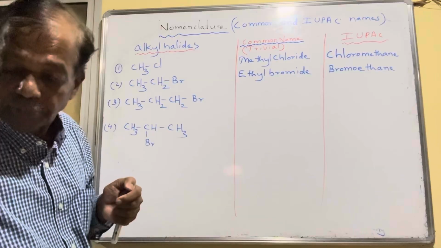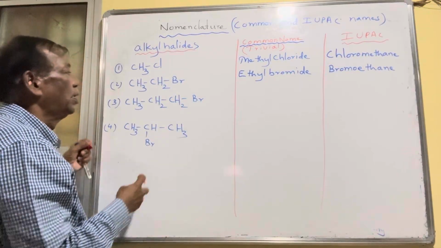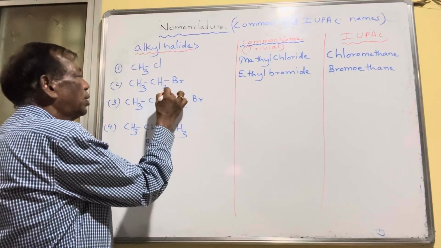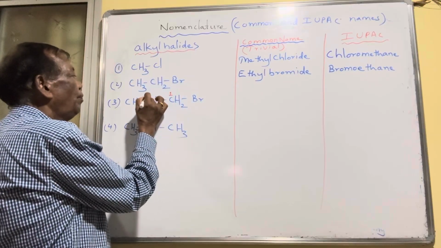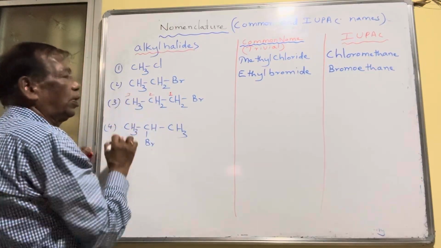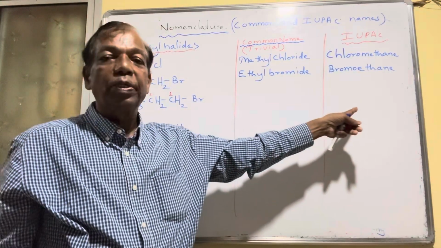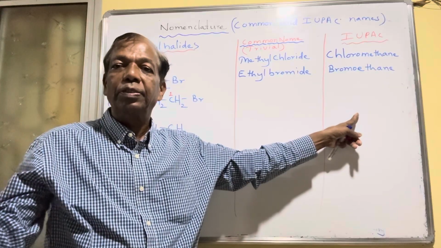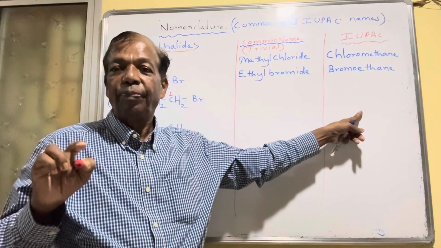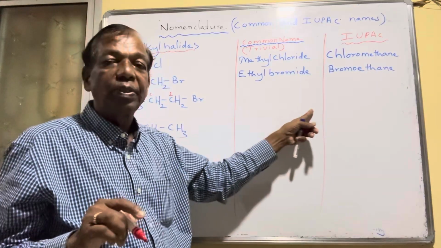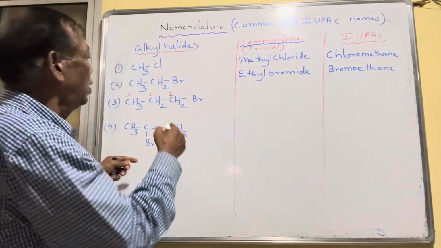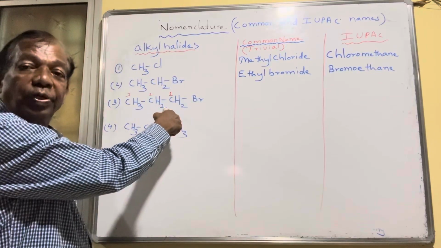So we have to explain here in this case by numbering the carbon as 1, 2 and 3. And that numbering is to be done only in case of IUPAC name. The number doesn't come in the common name. So here bromine is bonded to the first carbon.